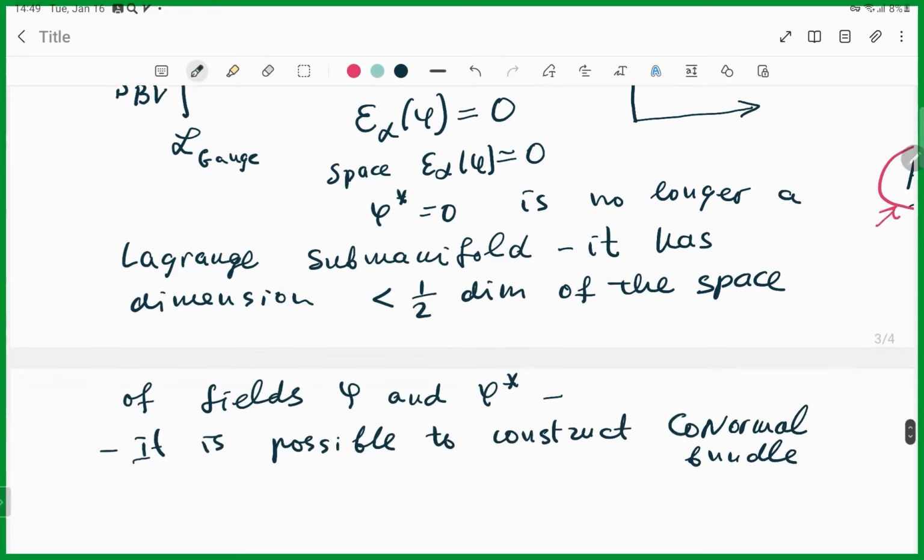And it is done as follows. We may take objects phi I star to be the following: B alpha d_I E alpha of phi.